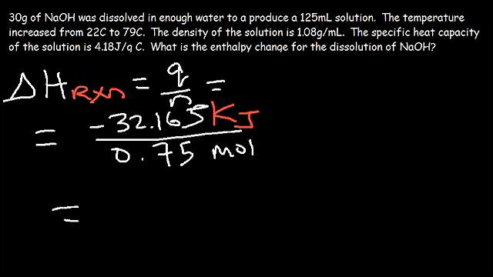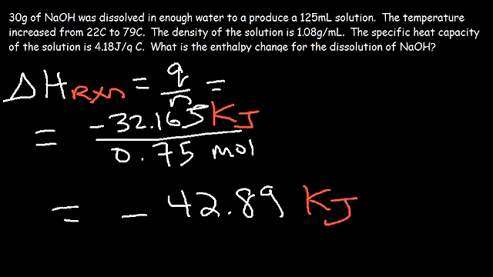And that's equal to negative 42.89 kilojoules per mole. So that's how you can estimate the enthalpy change for the whole reaction, or the dissolution of sodium hydroxide, in this particular problem.